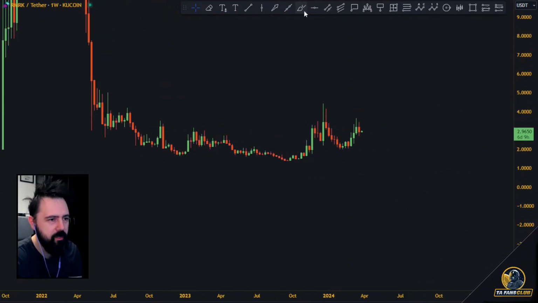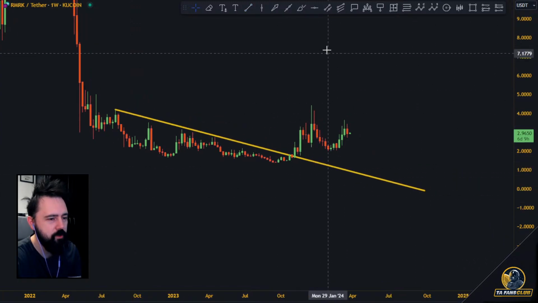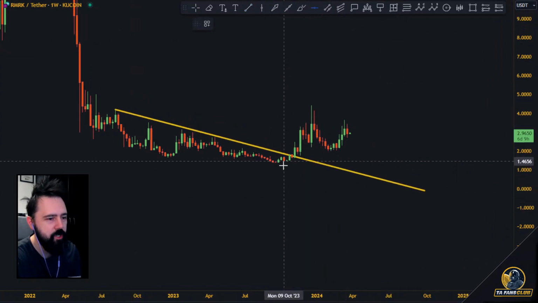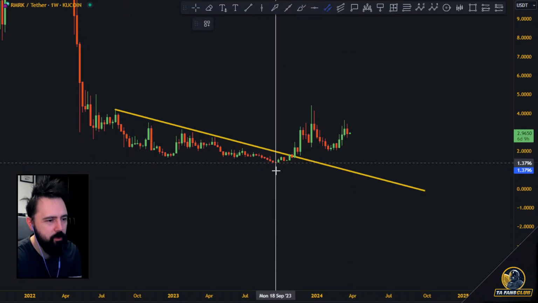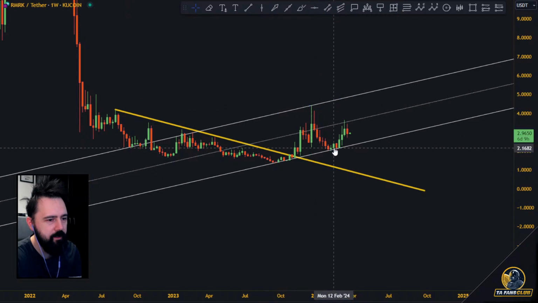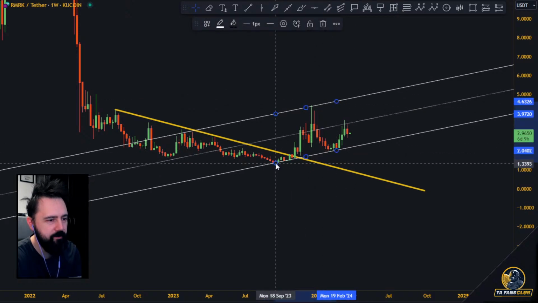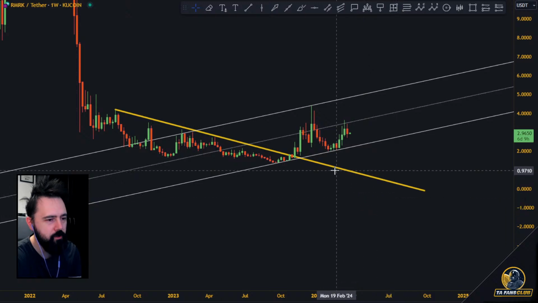Now it's doing what all of these other coins are doing. It had this accumulation, broke that, then a nice pump, and right now it's having this channel towards the upside. But the problem with these channels is that they can take a while. They can take a very, very long while, and nothing is set in stone.